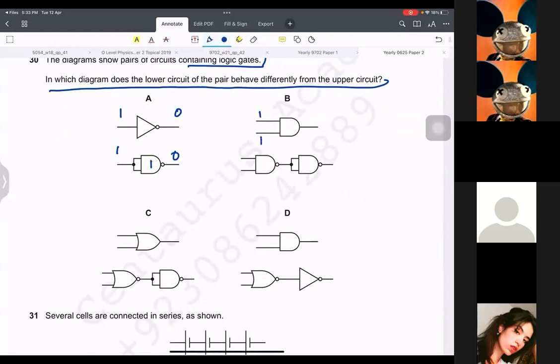If there was 1 and 1, it would produce 1, and then 0 and then 1. Fine. If this was 1 and 1, this would produce 1. If this was 1 and 1, it would produce 0 and then it would produce 1.